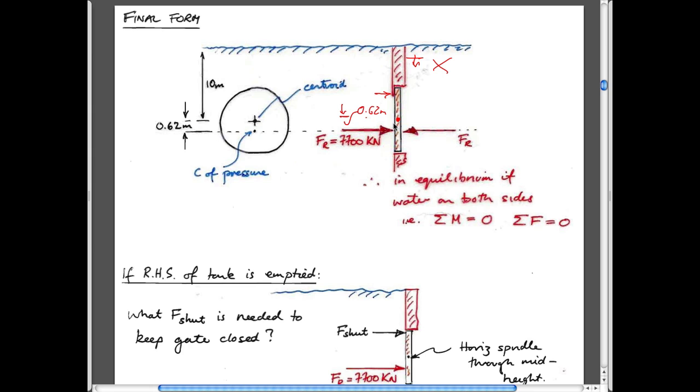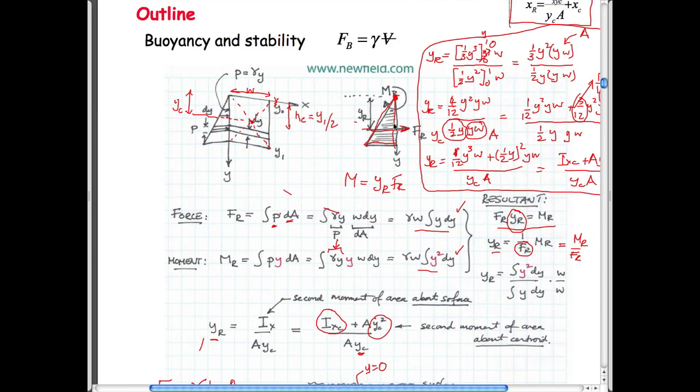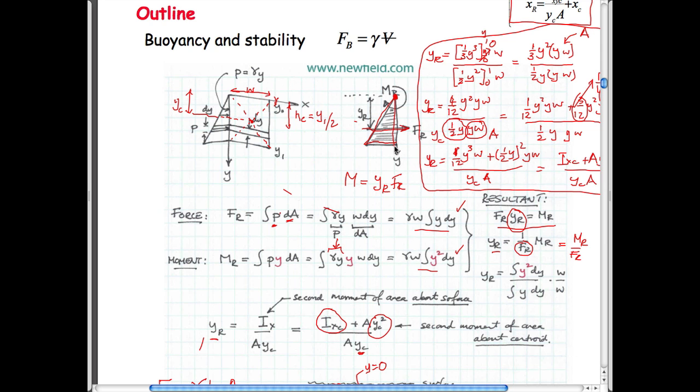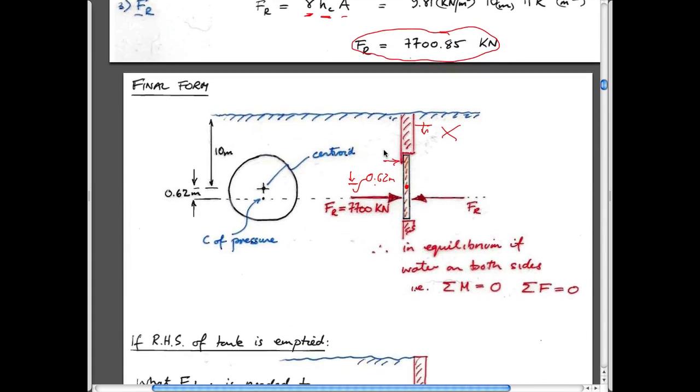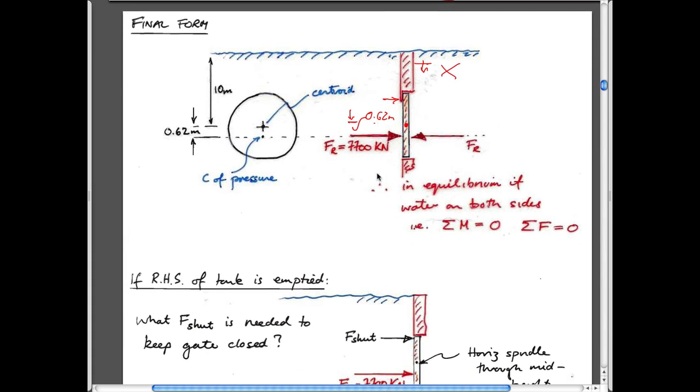Now, instead of arbitrarily taking a location that we take our moments around, which is really what we did here, we said we could take our moments around here or here, it didn't matter. When we want to look at failure, this is a very important point, you have to describe a failure mode. The failure mode for this would be that the plate will physically rotate in this direction, and this will kick out. So the failure mode is that it pivots around the pivot point, and if the force here isn't big enough to resist that, then it will let the water out. And so the question is, what's the force that this little stopper has to apply to be able to resist that?